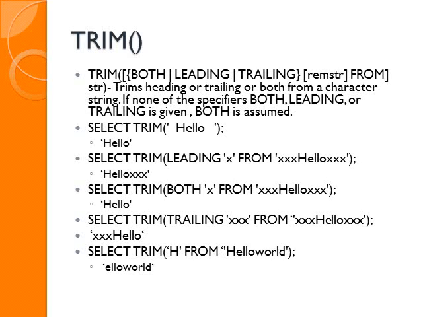Select trim, and the string given is hello with leading and trailing spaces both. So the output is hello here because by default both is taken, and it is trimming both leading as well as trailing spaces.